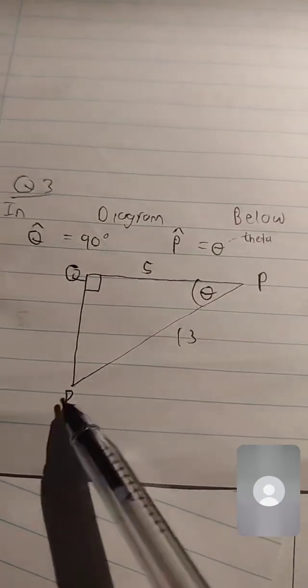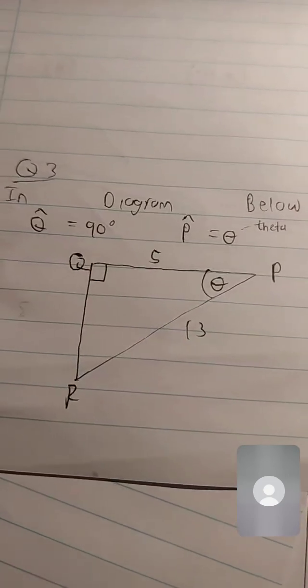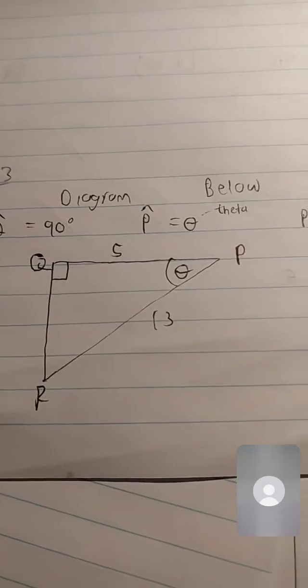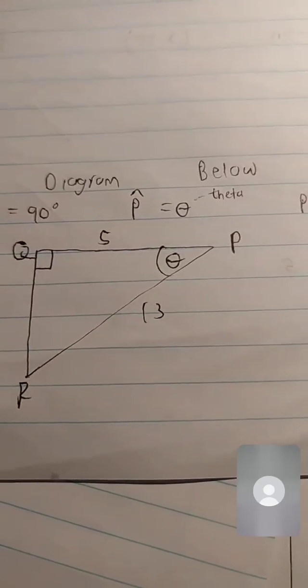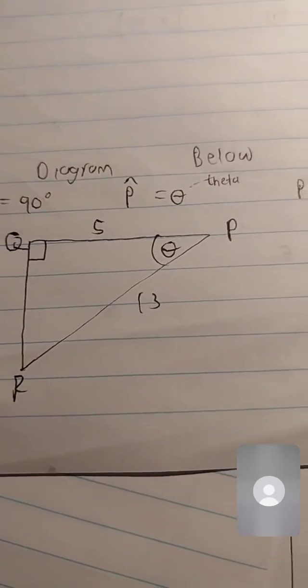So they want us to find the length of QR. We are given PQ and we are given PR. Now they want us to find the length of QR. So Melissa, what would you do to find the missing length QR? What device or what thing would you use to find QR, my dear?